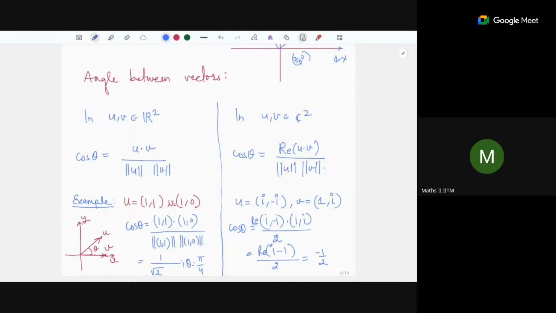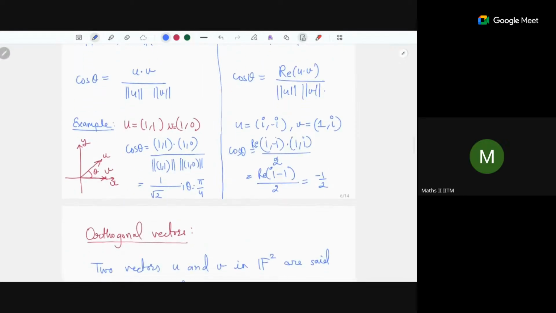So theta is equal to 5 pi by 6, or could it also be 3 pi by 4? Oh no, sorry, 3 pi by 4 would not work, it would give 1 by root 2.